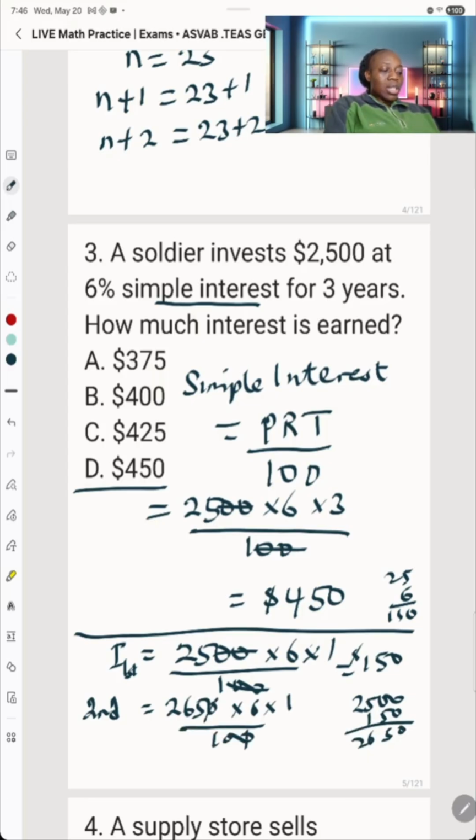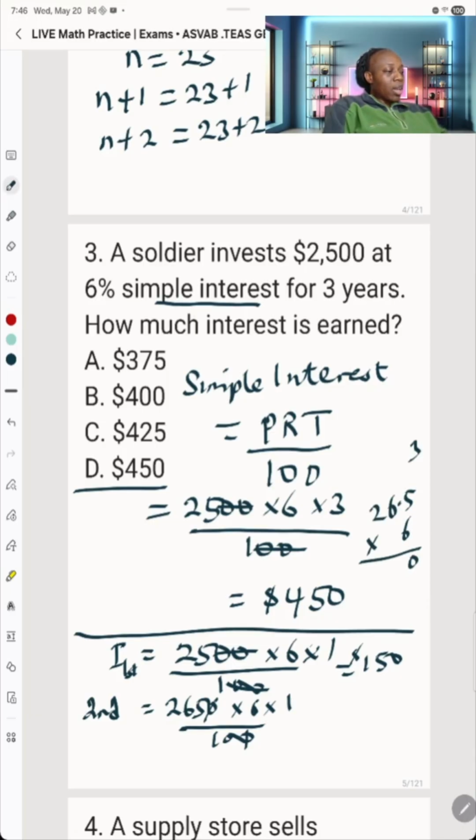So this will divide, and that will be 26.5 times 6. So by the time you find that, 26.5 multiplied by 6 is going to be 159.